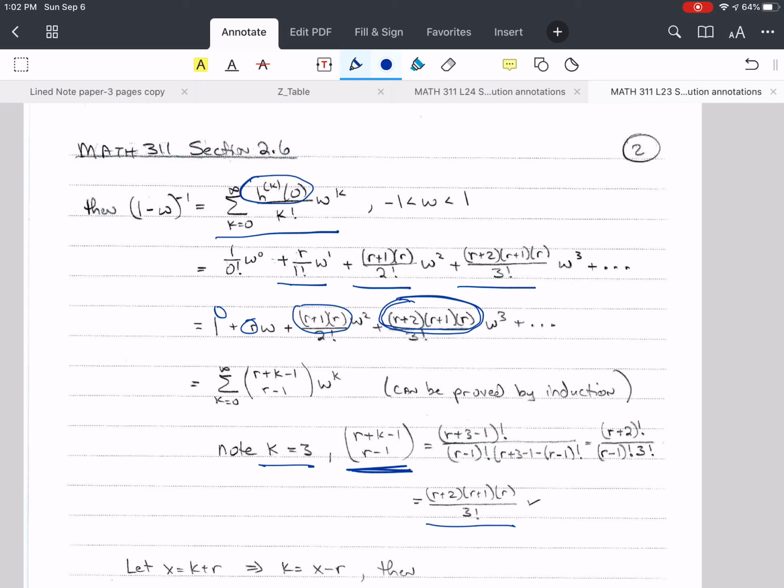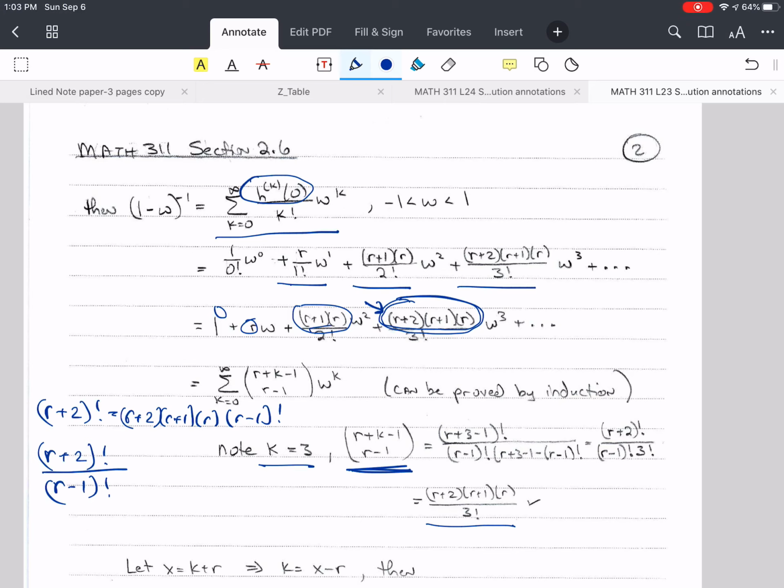the highest numbers in r plus 2 factorial. So r plus 2 factorial would give me r plus 2, r plus 1, r, and then r minus 1 factorial. So to get this here, I had to divide by r minus 1 factorial. So I have r plus 2 factorial divided by r minus 1 factorial to cancel out those other terms.